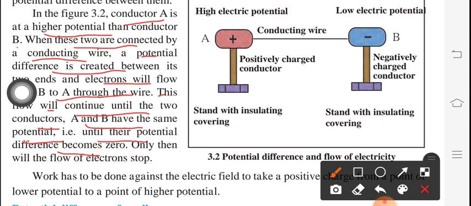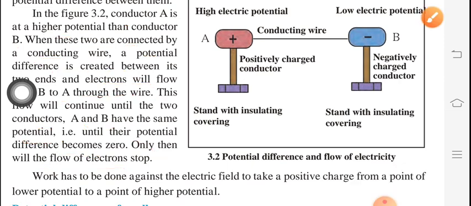As we saw in the water example, with two containers the water flows from one to another. The same thing is happening here. Charges flow, and the flow of electrons stops only when their levels become equal.